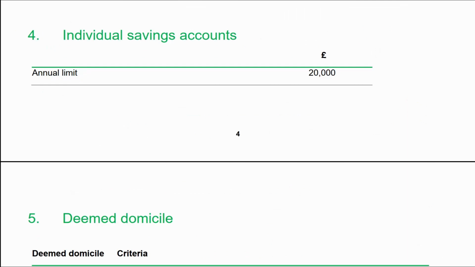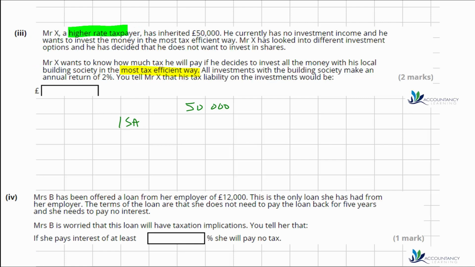Section 4 of the reference material tells us that there's an annual limit of 20,000. If you put more than that into the ISA, then you will have to pay tax. So of the 50,000, 20,000 should be put into ISA, and that will have no tax to pay.